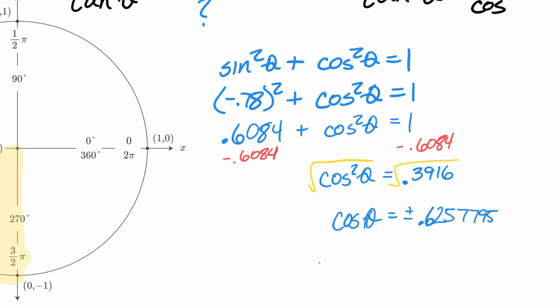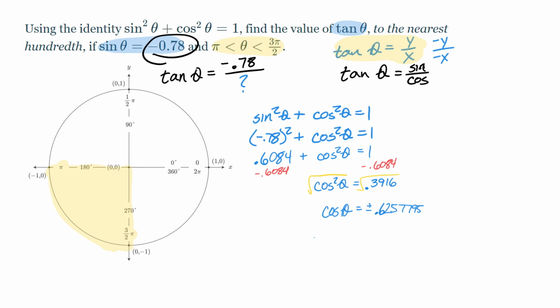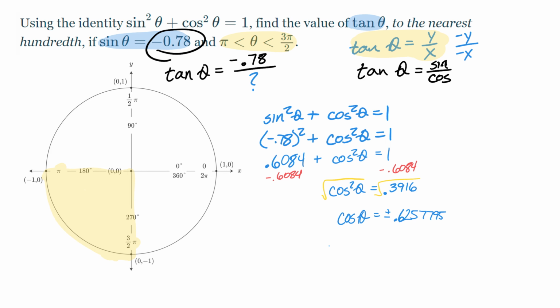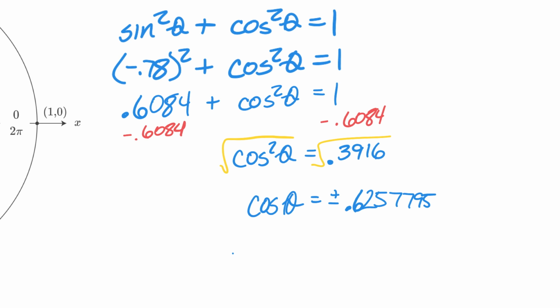We said plus or minus, but this is cosine, and we are in the third quadrant. So the cosines in the third quadrant are always negative numbers. So the cosine of ours is going to be the negative version of this answer. Now you see I've written a lot of decimals out here. The more decimals you leave in, the more accurate your number is going to be.